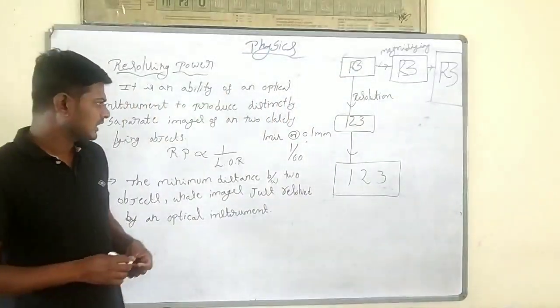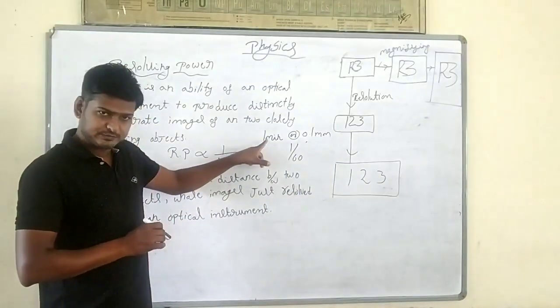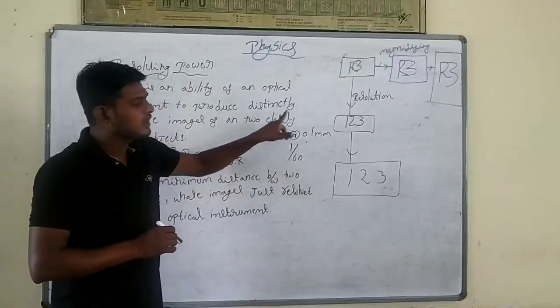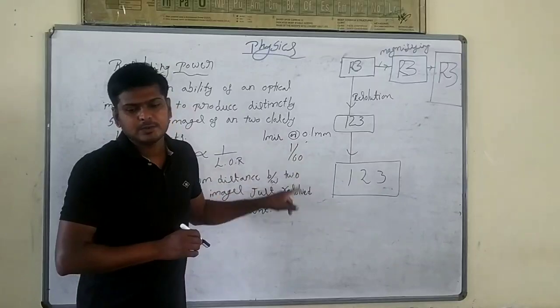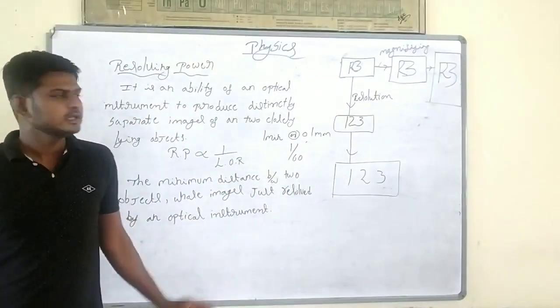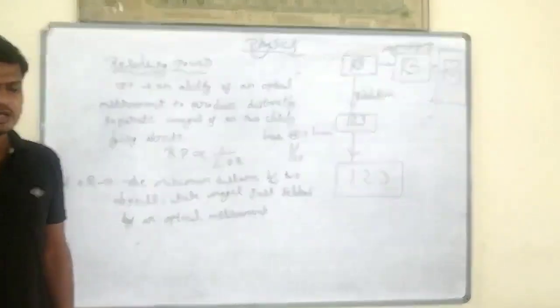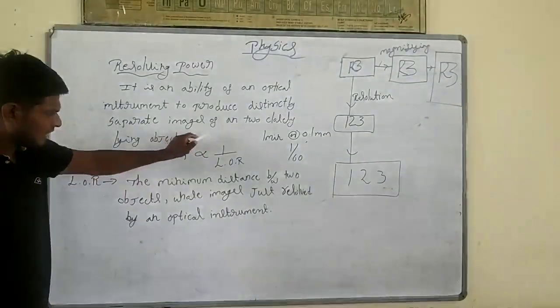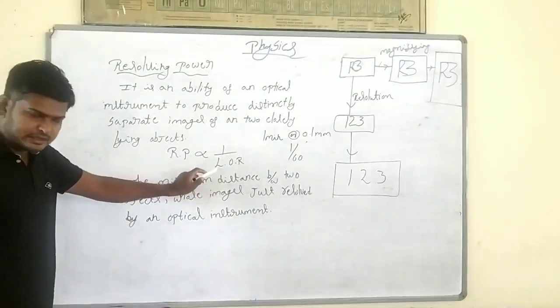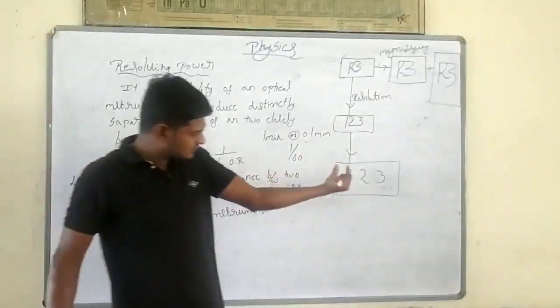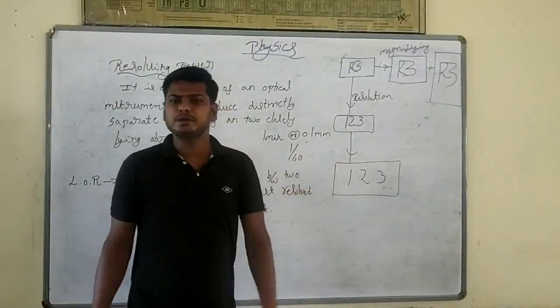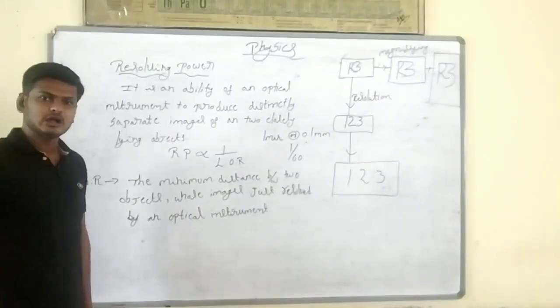You have to keep in mind, the limit of resolution of a human eye is 1 minute or 0.1 mm or 1 by 60 degree. The resolving power of an optical instrument is always inversely proportional to the limit of resolution, meaning the limit of resolution is the minimum distance between two closely lying objects.